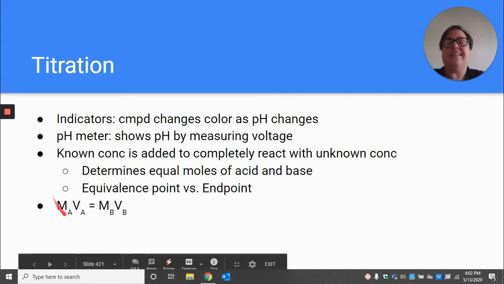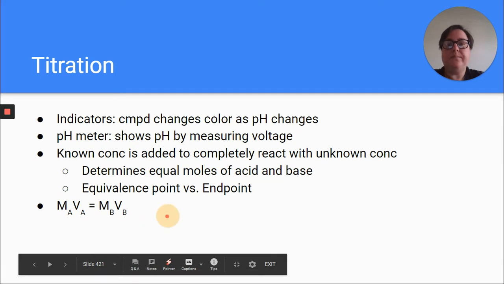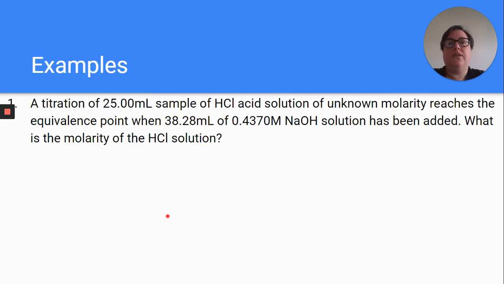This formula is given to you on page 3 of your reference table. It's just instead of ones and twos, we have acid and base. If you recall from our dilution problems, we look for the word of. The word of is going to connect our two values.